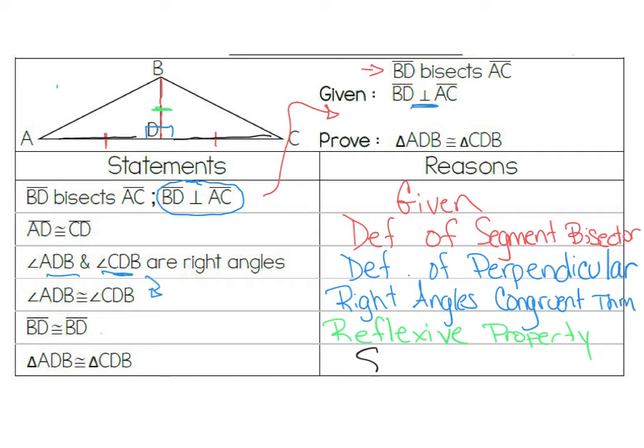So I have an S. I have an angle congruent to another angle. Then I have a second side congruent to a side. And then my angle is in between the two sides given. So I have the three pieces of information necessary, side, angle, side, and the triangles have to be congruent.